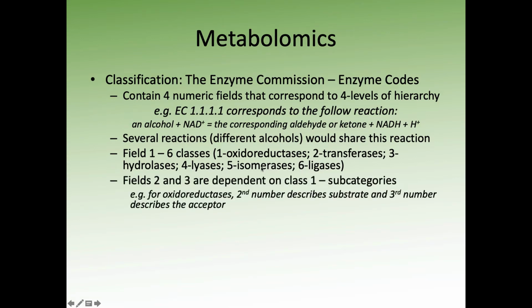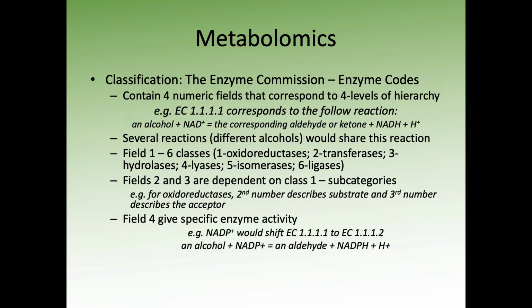Then the second and third fields depend upon subcategories. In this case, for oxidoreductases, the second number describes what substrate you're targeting, and the third number describes the actual acceptor of that reaction.